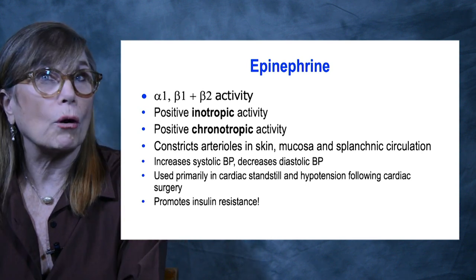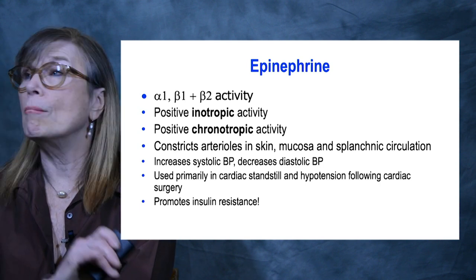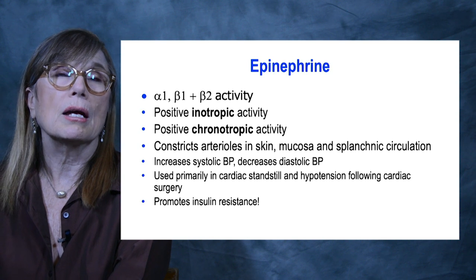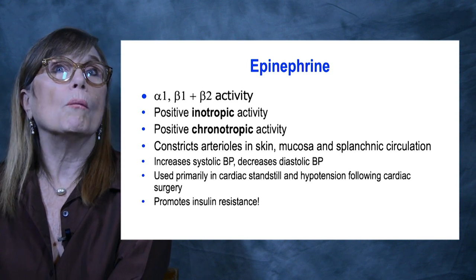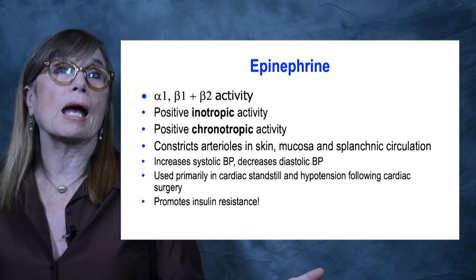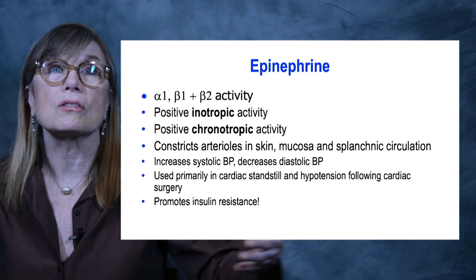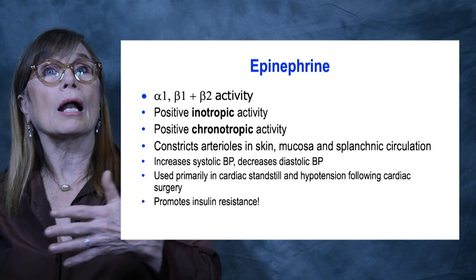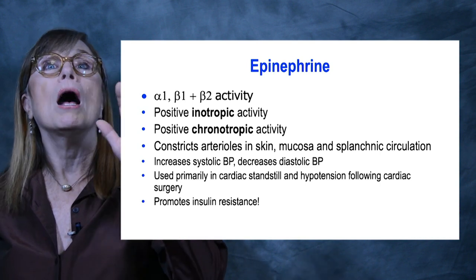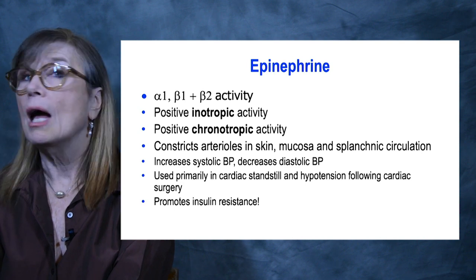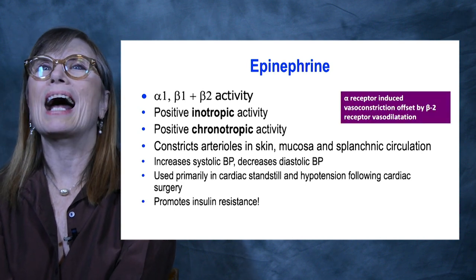One of the most important things to remember about epinephrine, more than any other catecholamine, is that epinephrine promotes insulin resistance. So what we will often see when we're using epinephrine is epinephrine-induced ketosis, and our patient will be acidotic in relationship to the epinephrine, partially because we promoted insulin resistance and now our patient is ketotic.